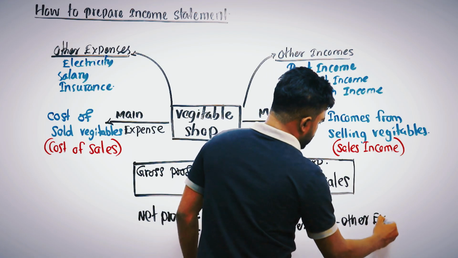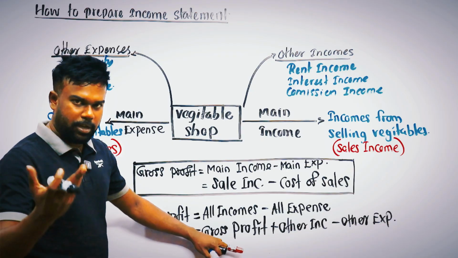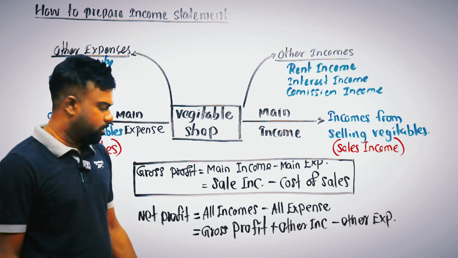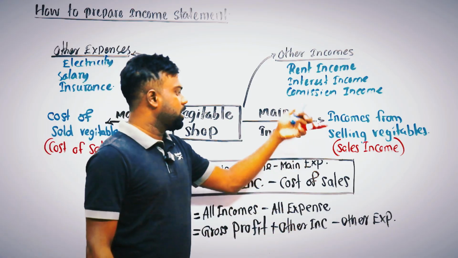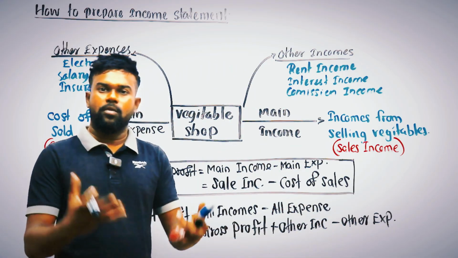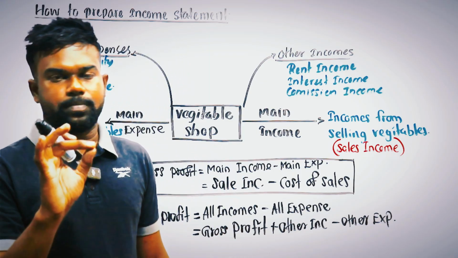Clear? So all income includes main income and other income, and all expenses include the main expense, cost of sales, as well as other expenses. Therefore we get net profit. But the simple meaning is all incomes minus all expenses.